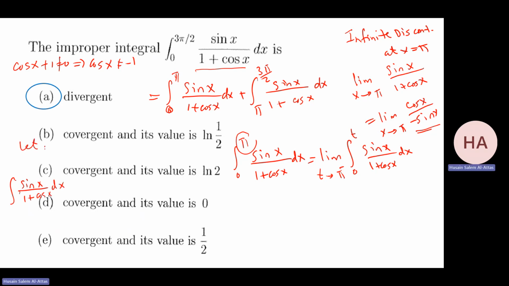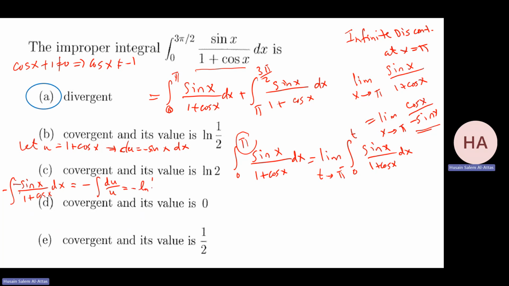So I let u be 1 plus cosine x. du will be minus sine x dx, so I need a minus and a minus outside. That will be minus du over u.